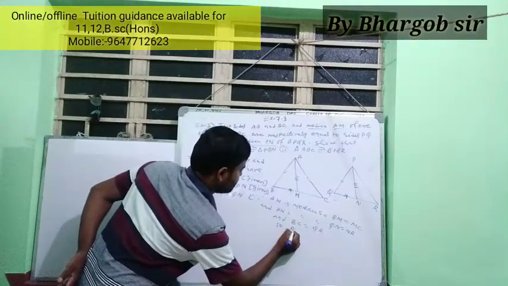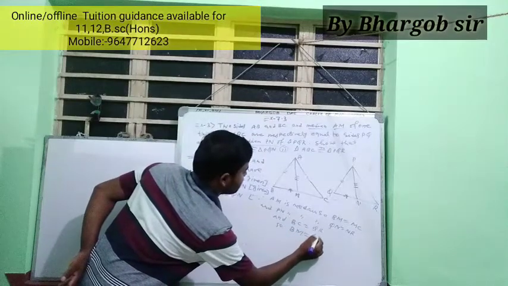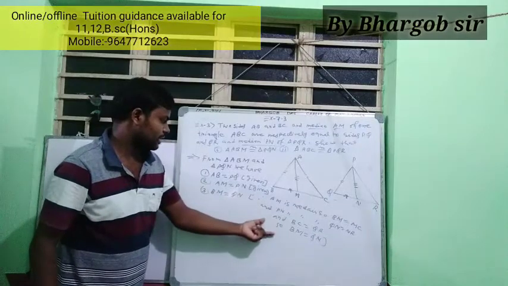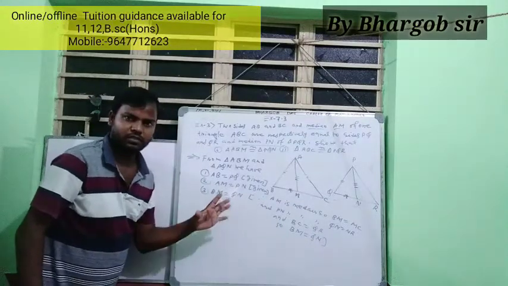So BM equal to QN. Here I describe the reason for this.